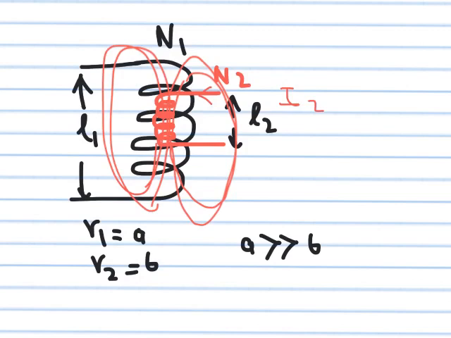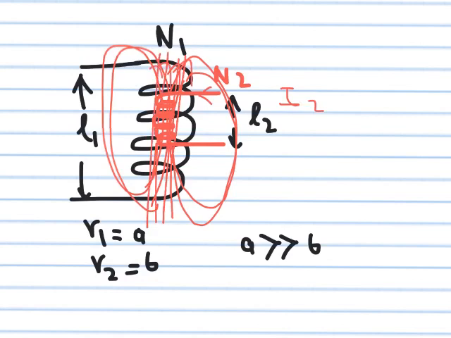But if you, on the other hand, assume a current I1, the magnetic field in the solenoid, as we know from our study, is very concentrated inside the solenoid, and it's going to be in the Z direction.